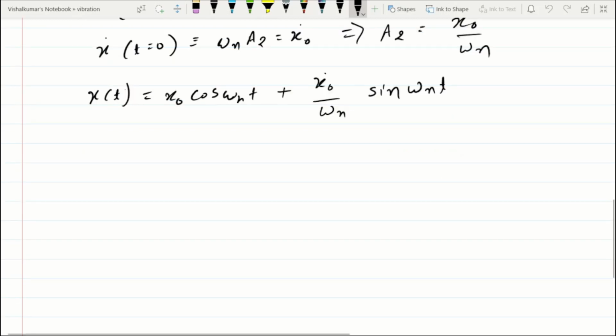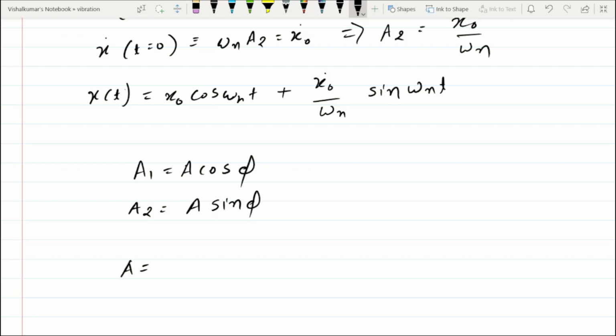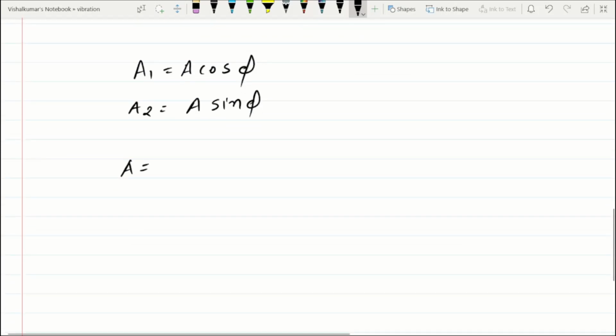Let's say a1 is equal to A cos phi and a2 is equal to A sin phi. Then we can find these new constants A and phi from the values of a1 and a2 we found before.